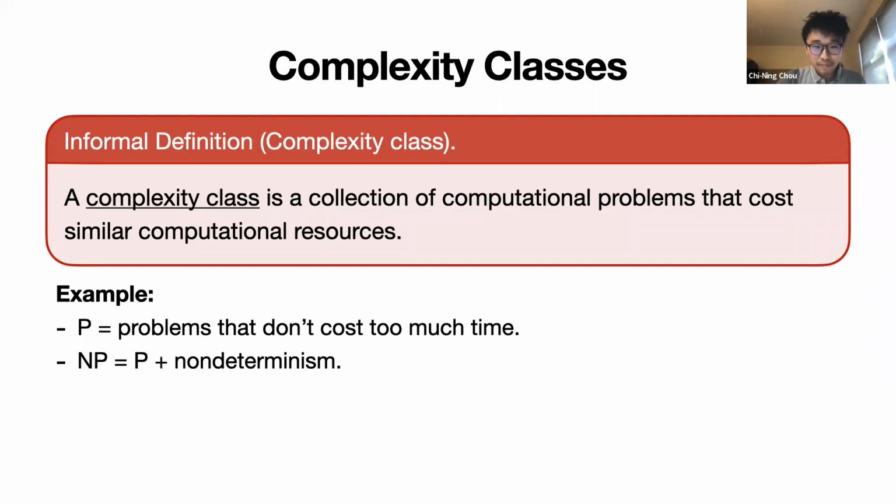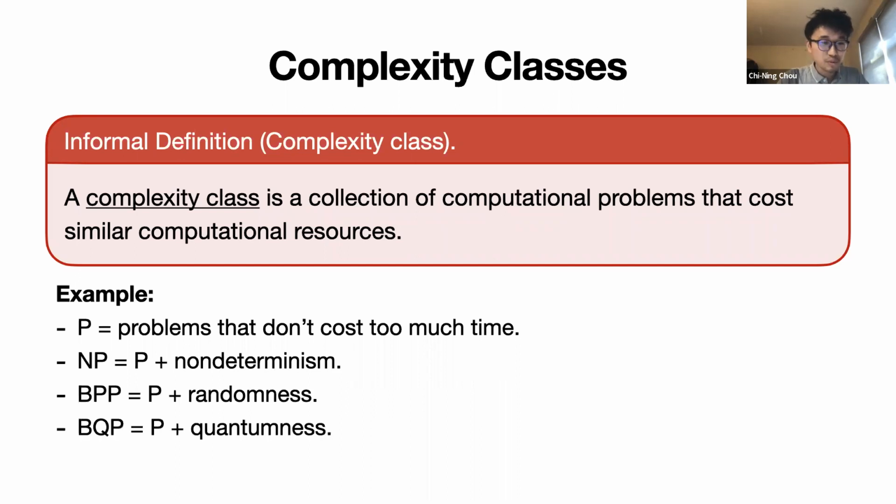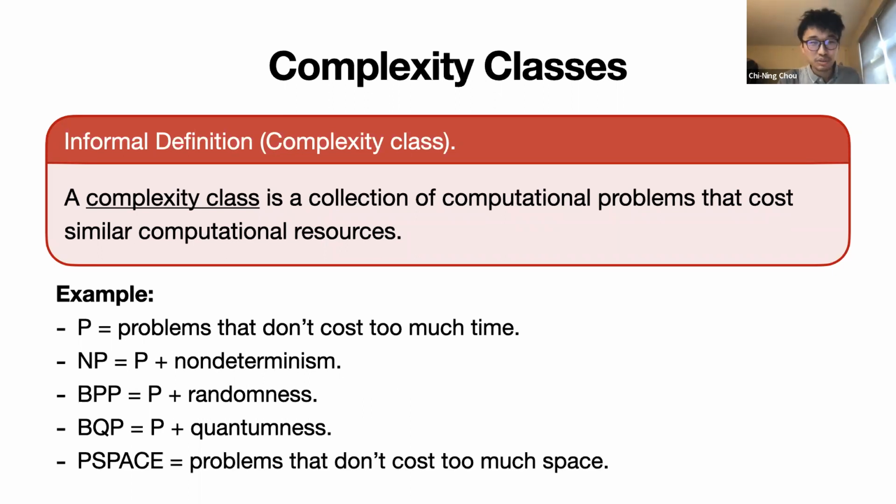But if we move on, we can also define a class called NP, which is basically P, the original complexity class, plus non-determinism, like you can have verifiable guesses. We can also define BPP and BQP as the complexity class P plus randomness and quantumness, and so on. We can define PSPACE, which is problems that don't cost too much space.